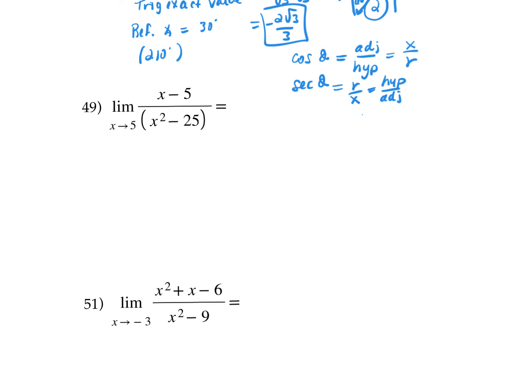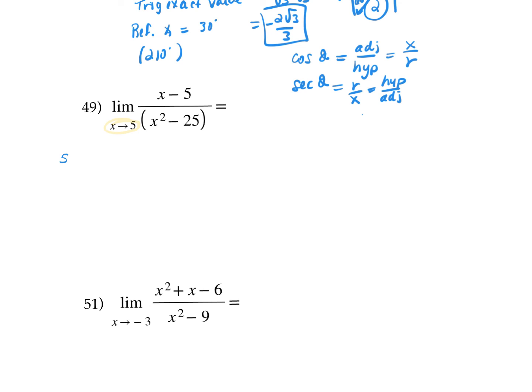All right, for the last group of problems, 49 to 57 odd, you need to be careful about just doing direct substitution right away. For instance, on number 49, if you jumped in and plugged in 5, because we're finding the limit as x approaches 5, watch what happens in here.